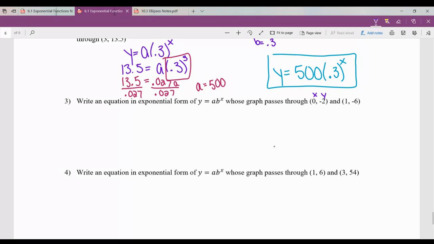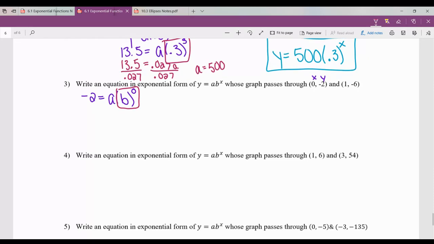So I'm going to do my y is -2 equals my a times my b to the x, which is 0. All right, now what I can do is anything raised to the 0 power, b to the 0, is going to equal 1.